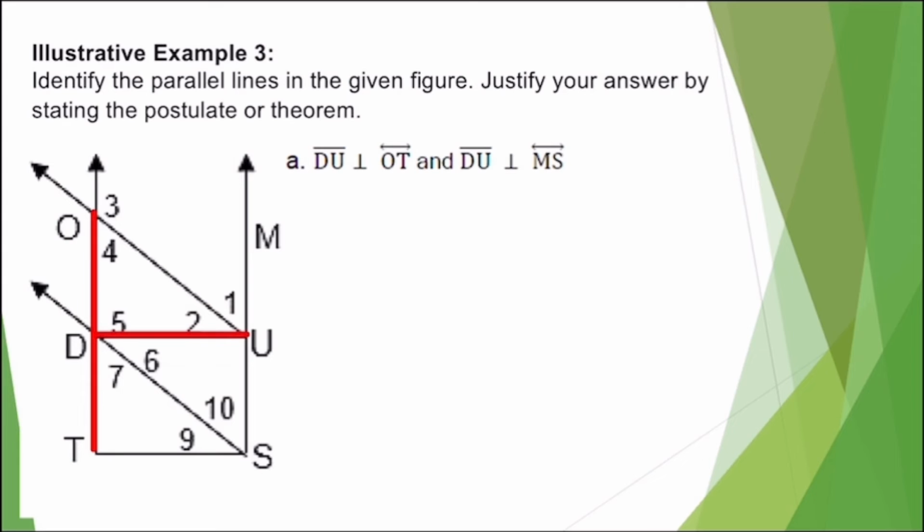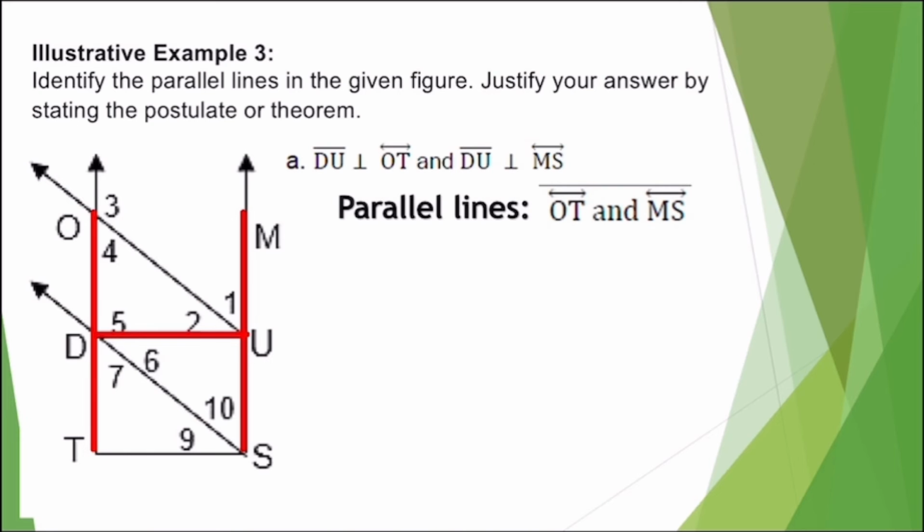So we have line segment DU is perpendicular to line OT, and line segment DU is perpendicular to line MS. The parallel lines here are line OT and line MS. The theorem here is the perpendicular to a third line theorem.